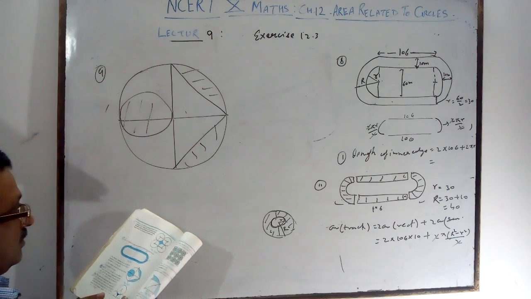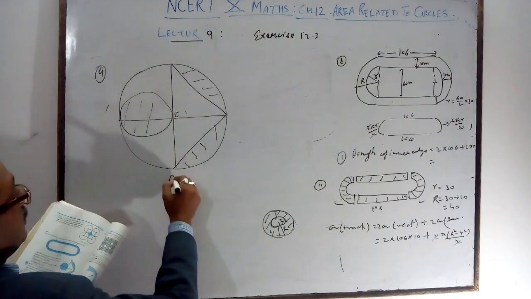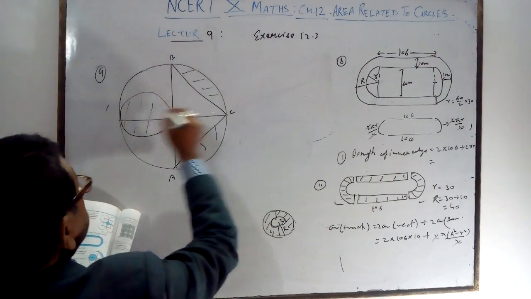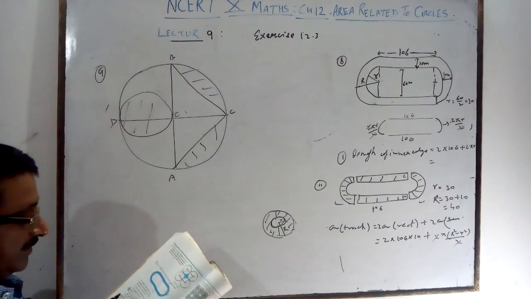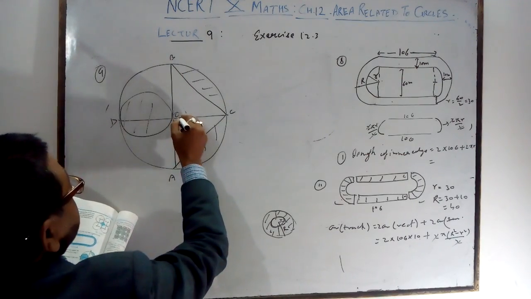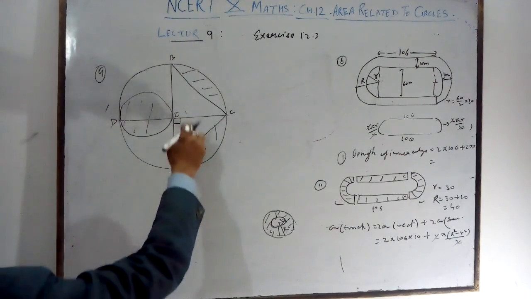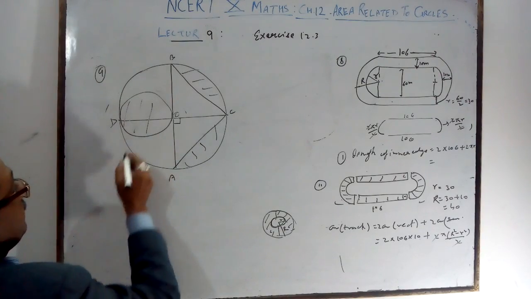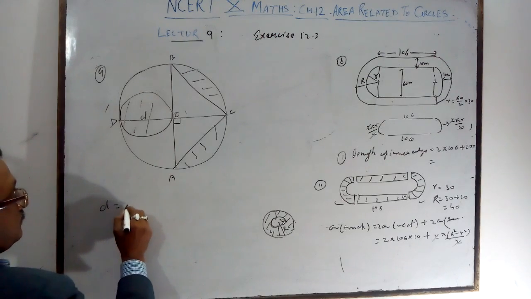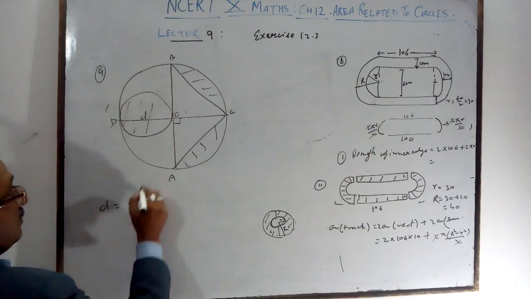It is given O, A, B, C, D. And the question says two diameters of the circle are perpendicular to each other. It is given 90 degrees. Perpendicular to each other means quadrant. And it is given D is equal to R. Which R?